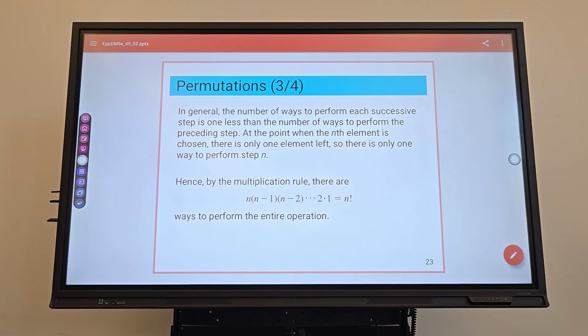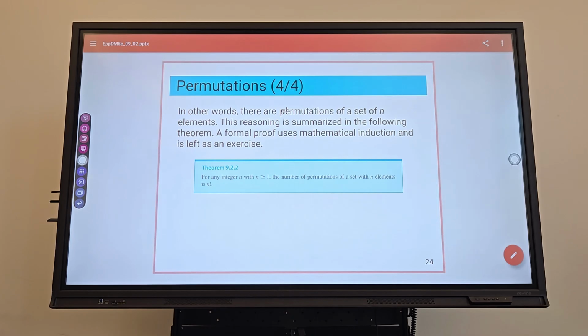Hence the multiplication rule: there are n times n minus 1 times n minus 2, etc., to 2 times 1, which is equal to n factorial ways to perform the entire operation. In other words, there are n factorial permutations of a set of n elements.